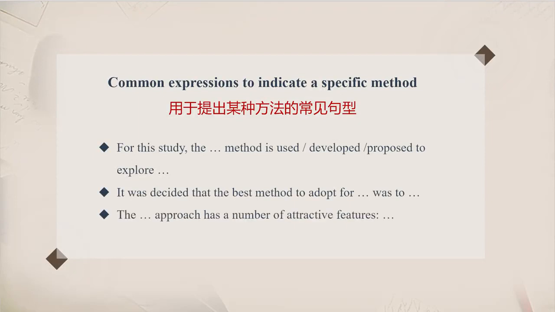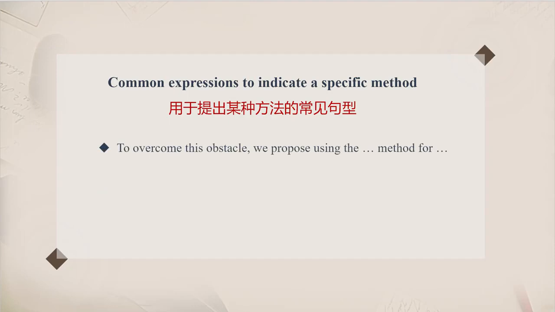The approach has a number of attractive features. To overcome this obstacle, we propose using the method for something. The method or algorithm can be applied to something or adopted to do something.